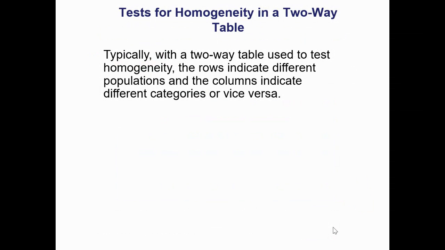So typically with a two-way table, we use it to test homogeneity. The rows indicate the populations and the columns indicate the different categories, or vice versa. So we could say columns would be the populations, rows are the categories. However you set it up, you got the categories going one way, populations going the other.